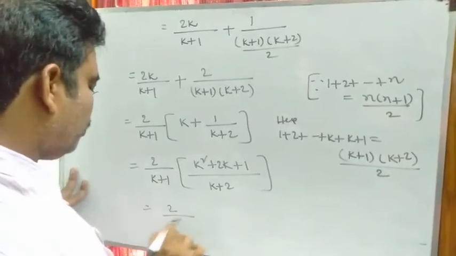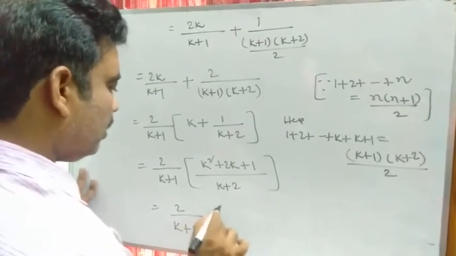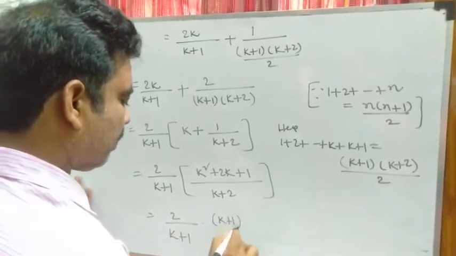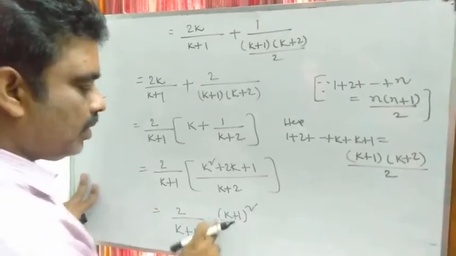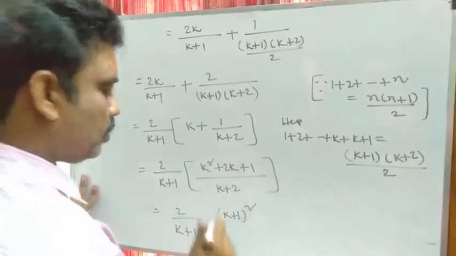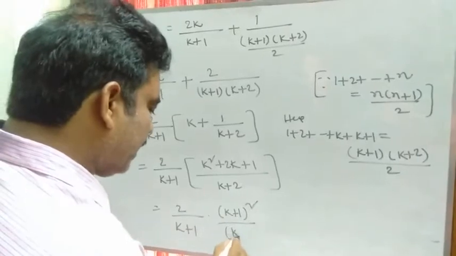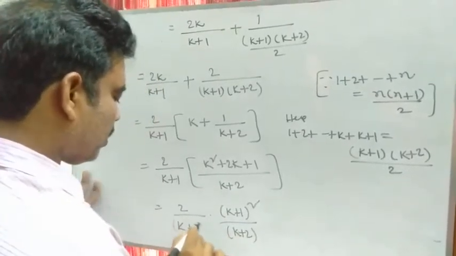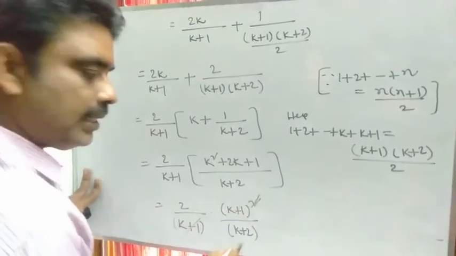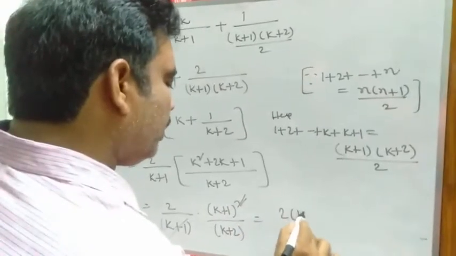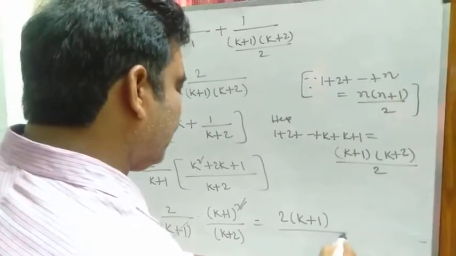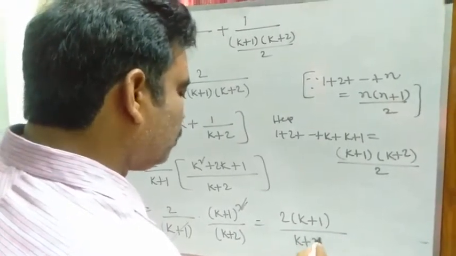So this is 2 by k plus 1. In the numerator I can write this as k plus 1 whole square. This is k square plus 1 plus 2k by k plus 2. So k plus 1 gets cancelled. This is 2 into k plus 1 by k plus 2.